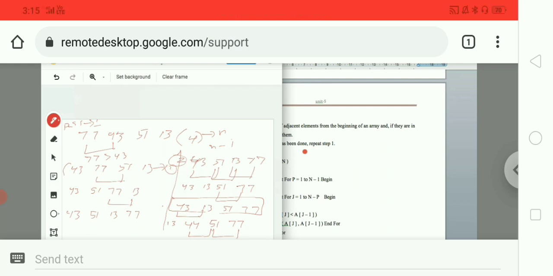So at last we got 13, 43, 51 and 77, and the sorting is finished. In this way we can arrange elements in sorted order, and this technique is bubble sort, one of the techniques to sort the elements.